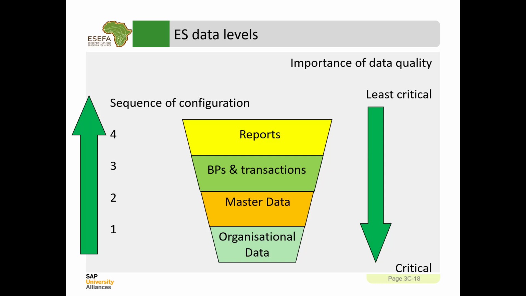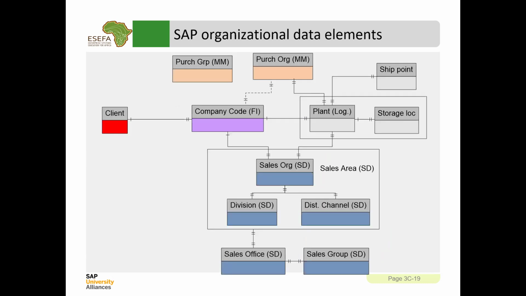into the enterprise system. Now let's take a typical example of what happens for a business. In an enterprise system, for example SAP, the organizational data elements include, see the client. Now the client here signifies the adopter.